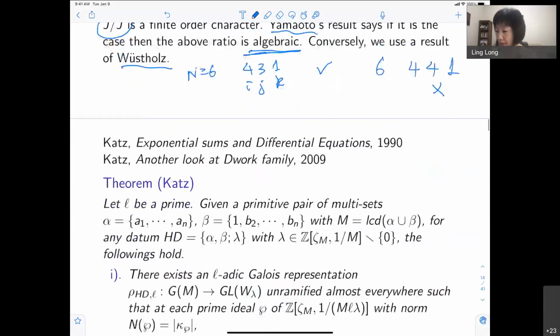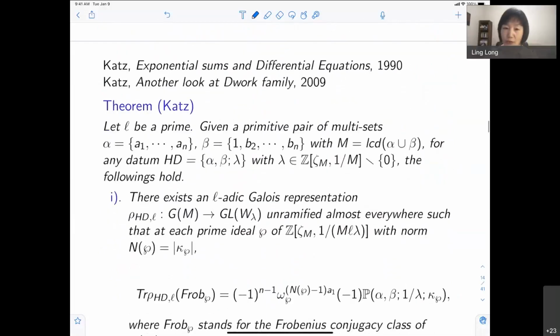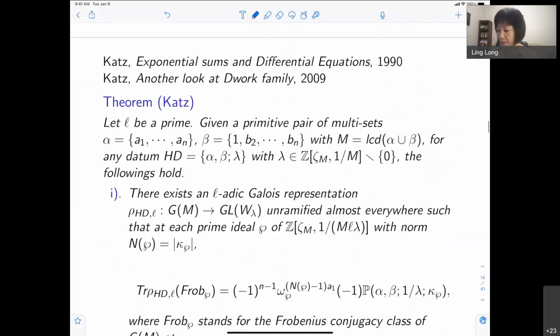And now let's go to the general setup. This is a big book by Katz called Exponential Sums and Differential Equations. He actually talked about the whole l-adic setting, compared to Hammond's work. In his setup, he starts with an individual local prime p.